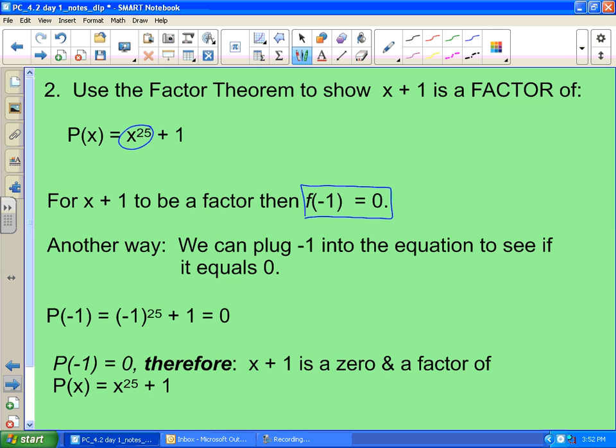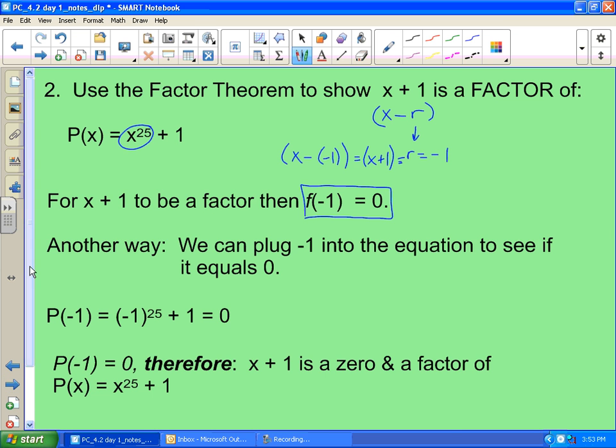If x plus 1 is supposed to be a factor, again, thinking of x minus r as my factor, in this case, my r is equal to a negative 1. x minus a negative 1 is equal to x plus 1. That's what's telling us my r is equal to a negative 1.